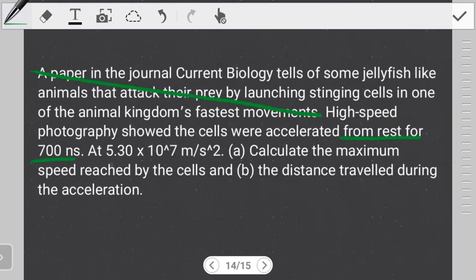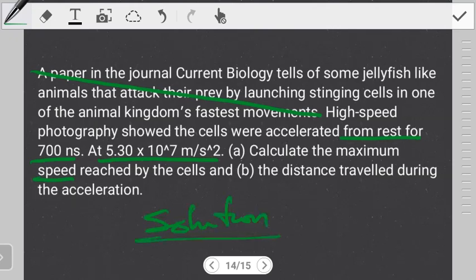Then we are also given the acceleration here. And lastly, they want us to find the maximum speed, which is the final velocity. So with that in mind, let's look at how we work out this question.